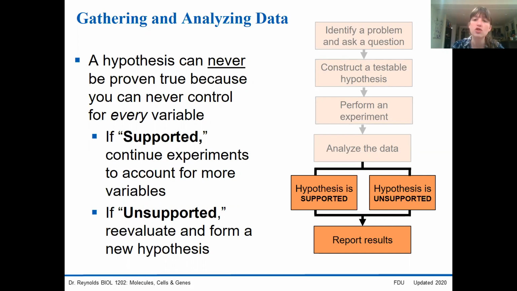So we're going to use two other terms, supported or unsupported. If a hypothesis is supported, experiments are consistent with that hypothesis. And if it's unsupported, they're inconsistent. Either way, we need to rework our hypothesis, report those results, and then repeat by developing a new hypothesis that will further our understanding.